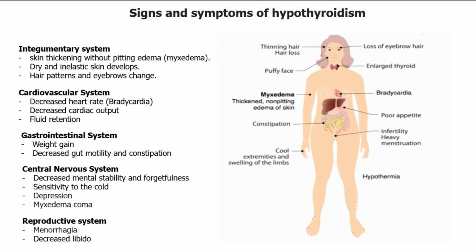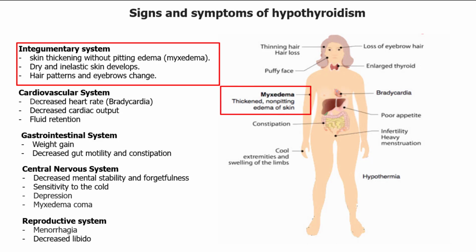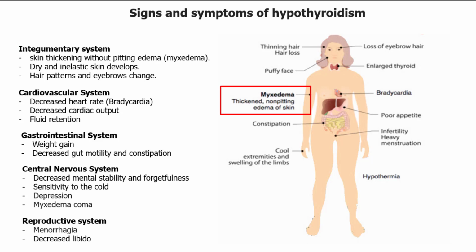The signs and symptoms of hypothyroidism. As we have realized the importance of thyroid hormones in terms of growth, development, and increased metabolic rate, the effects of low thyroid hormones will have an impact on several organs. In terms of the integumentary system, the skin becomes thickened with fluid retention.